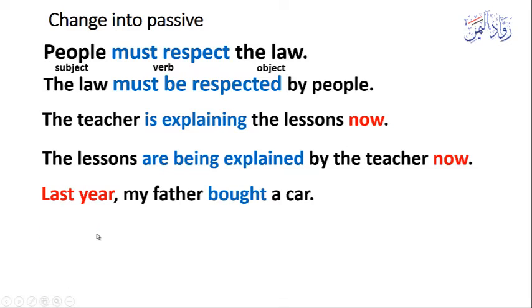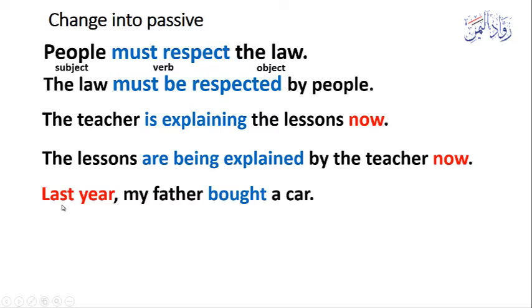Last year, my father bought a car. What do you notice here? The complement in this sentence, last year, is at the beginning of the sentence, but now here is at the end of the sentence. If the complement is at the end of the sentence, it will be at the end of the sentence in the passive form.